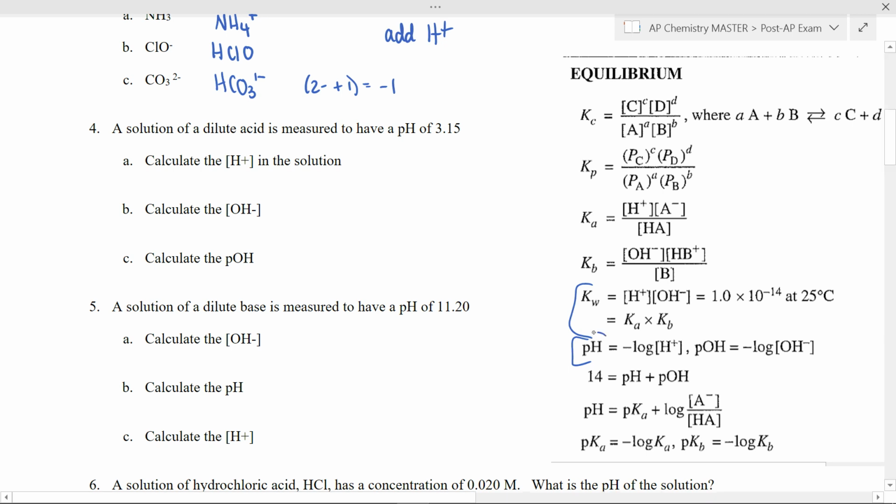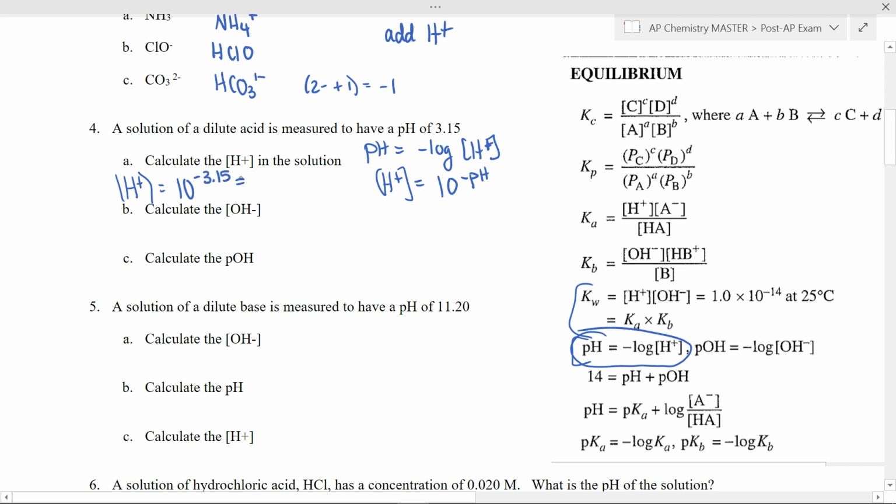Well, this relationship tells us that pH is the negative log of the H plus concentration. If we do the inverse of this, and rearrange, do some algebra and solve for H plus, we will find that the H plus is 10 to the minus pH. So that's what we're going to do here. The H plus is going to be 10 to the minus pH.